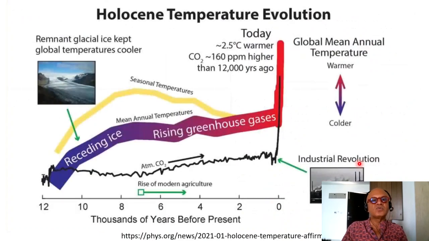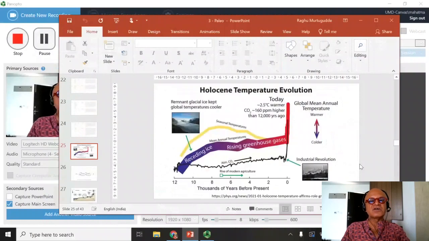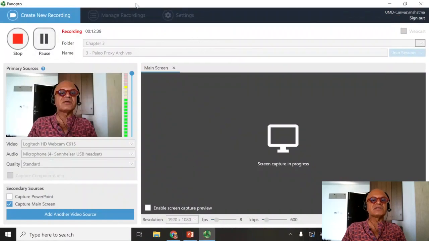Okay, so let me leave this here and come back again to look at some more reconstructed past climate information. I can never cease to be amazed by how much information can be derived from the past.